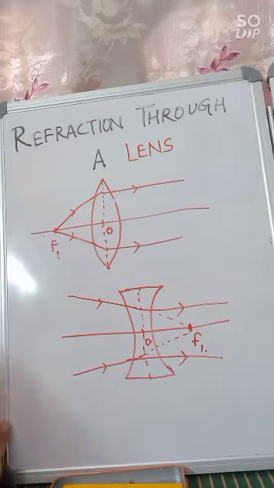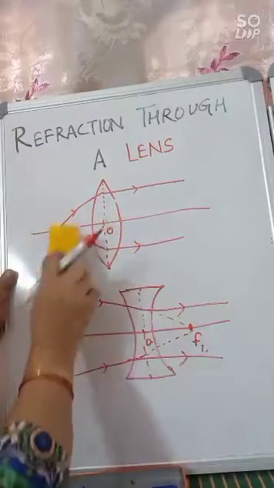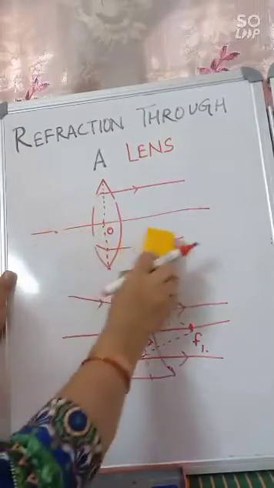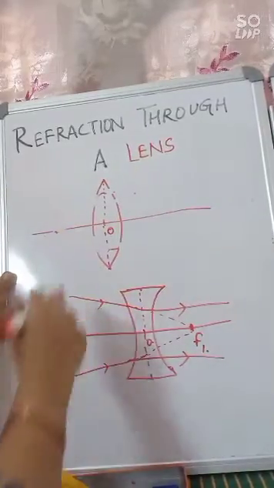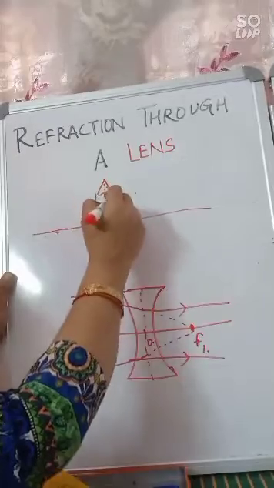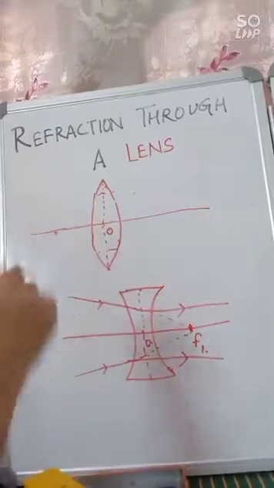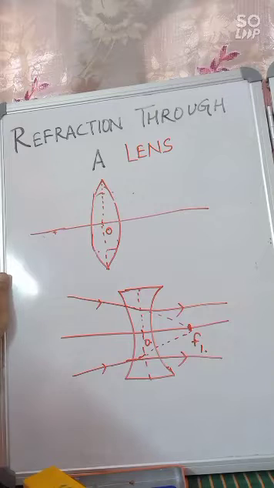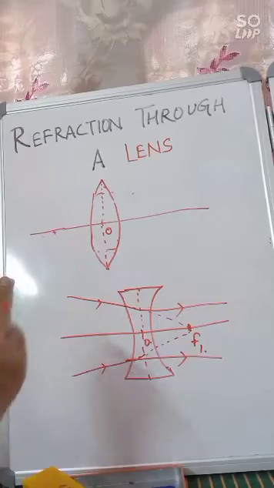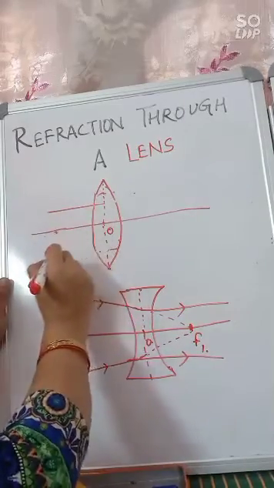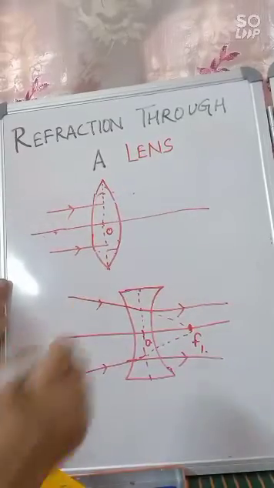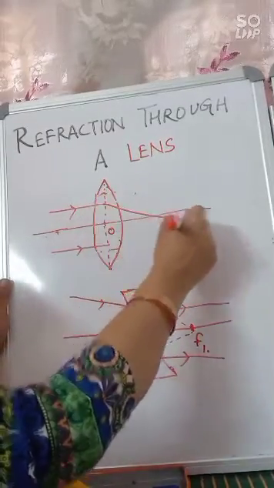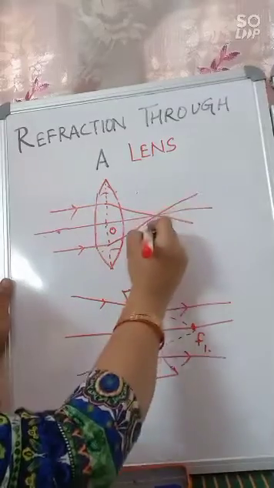So what is your second focal point? I can use the same diagram to define the second focal point as well, right? In a convex lens, the second focal point is a point on the principal axis of the lens such that the rays of light incident parallel to the principal axis, after refraction, meet here.